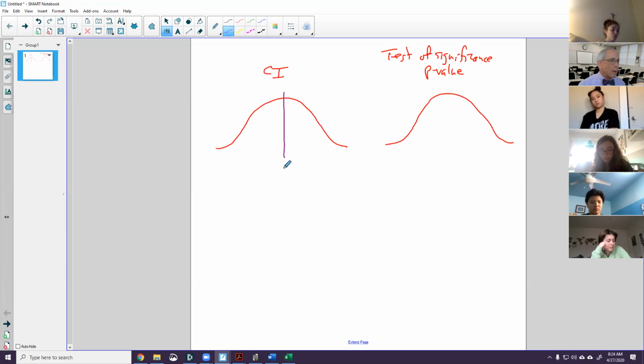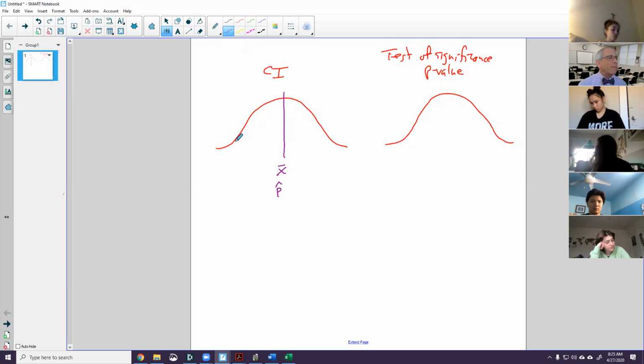If it's a mean, that is my x bar. If it's a proportion, it's my p hat. That is what is in the middle of the picture when I'm trying to find a confidence interval, because that's the only really solid piece of information that I have from my data.